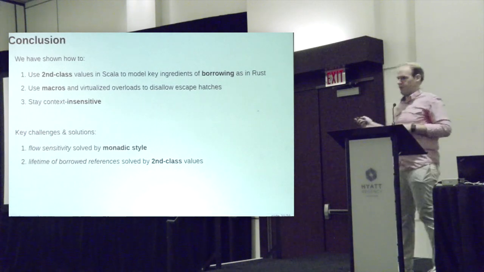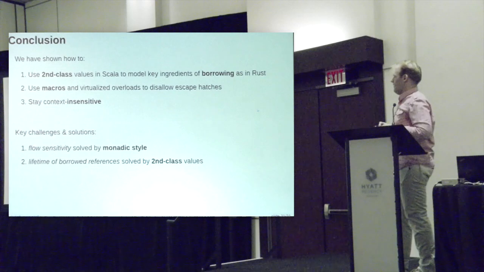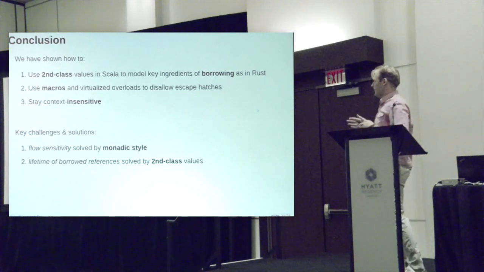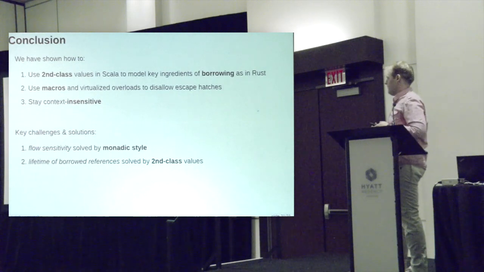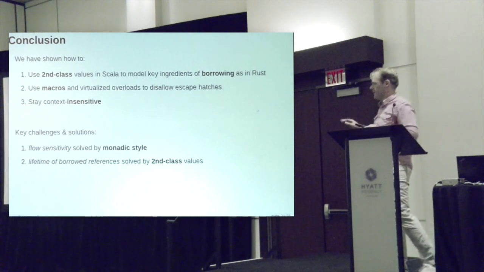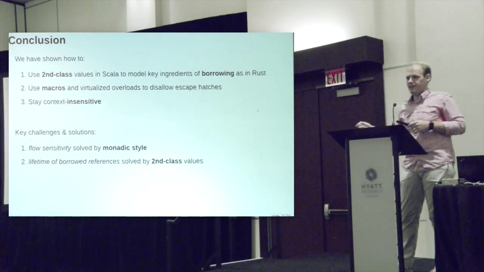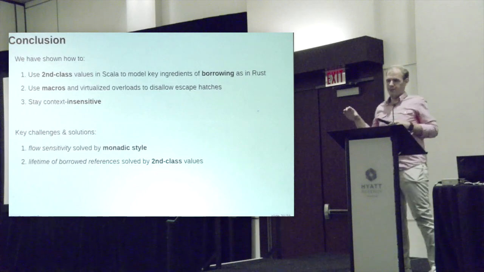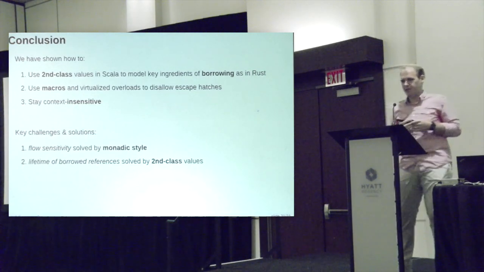This work was mostly concerning how to model alias control and borrowing, but we could go further and model some sort of ownership by introducing a wrapper, something like with dereferenced, that takes this value and introduces a scope where this value is dereferenced, but it's second class, so it cannot escape.